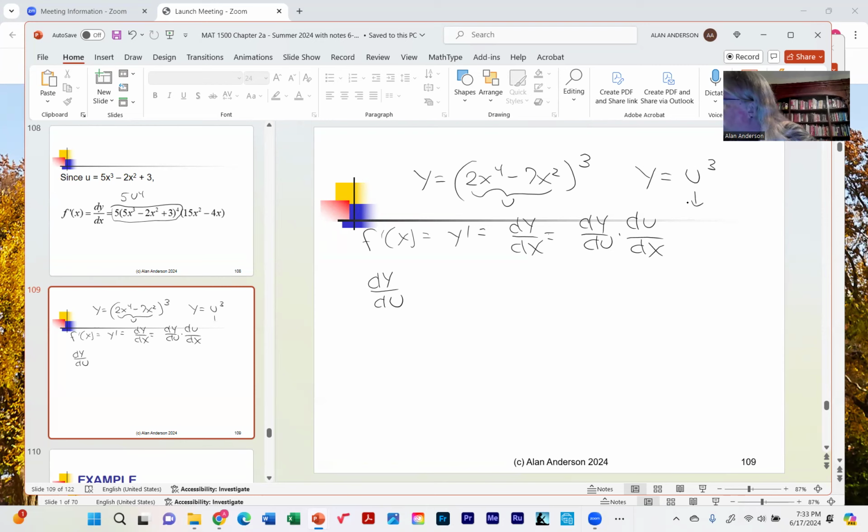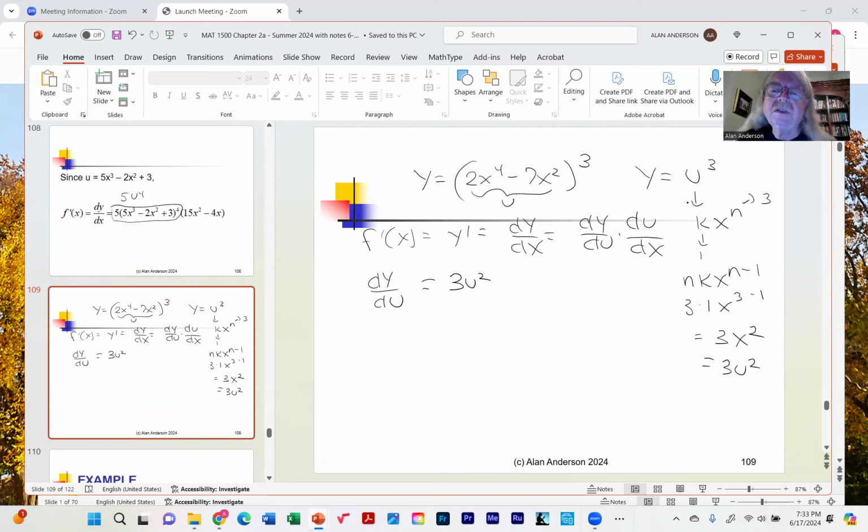If you think of this as k x to the n power, k is 1, n is 3, except that the independent variable is u instead of x. So you end up with n k x to the n minus 1, which means 3 times 1 times x to the 3 minus 1. Since u is the independent variable, we can rewrite this as 3u squared, based on the power rule.